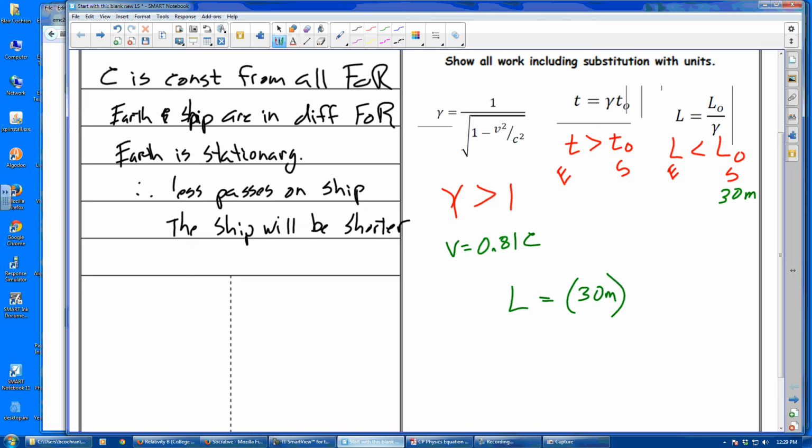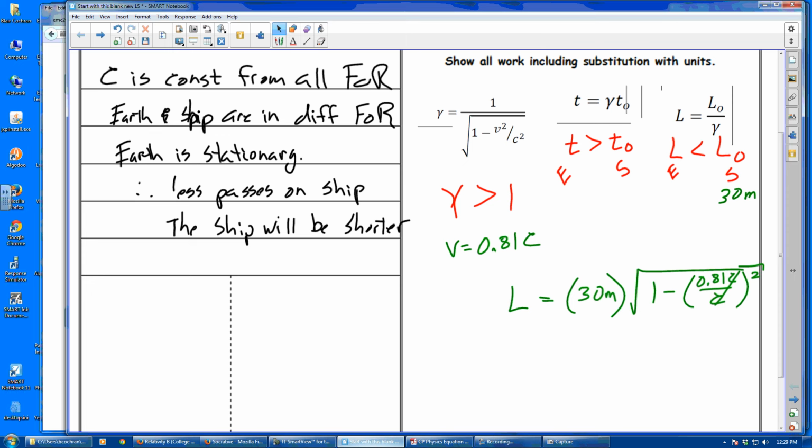L naught is 30 meters. And then if I divide by gamma, it's like multiplying by the square root. It's in the denominator. 1 minus 0.81 c over c quantity squared. Anything cancel out? The c's. That makes it easier to put in my calculator.